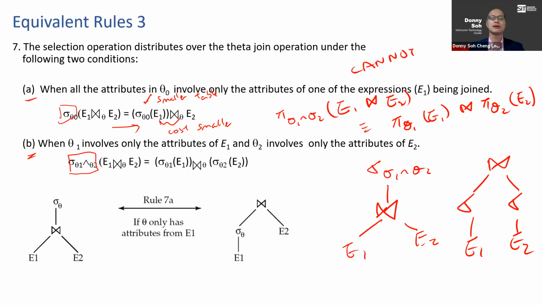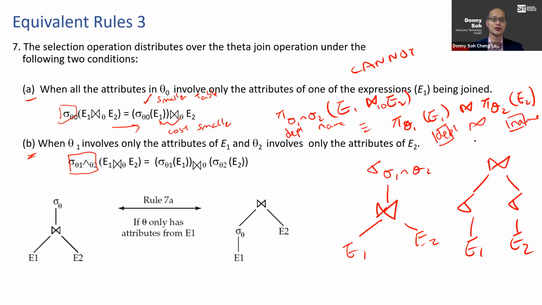Why? Because if theta 1 only contains attributes of E1 and theta 2 only contains attributes of E2, then for example, let's say this is department and this is name, and let's say this is join on ID. Then this becomes only one column, department, and this is only one column, name.